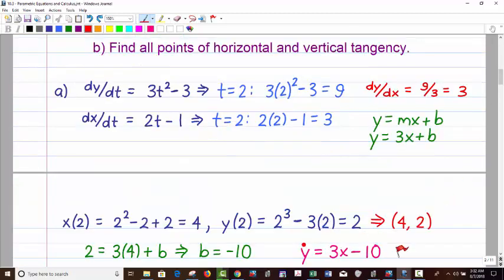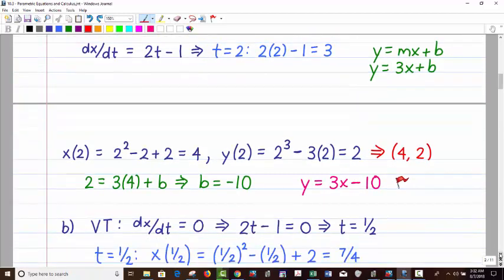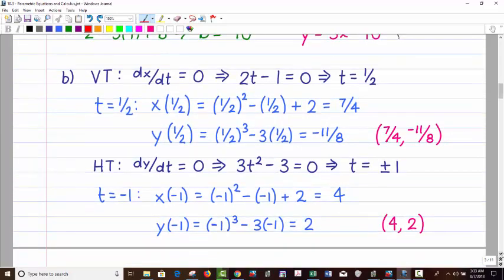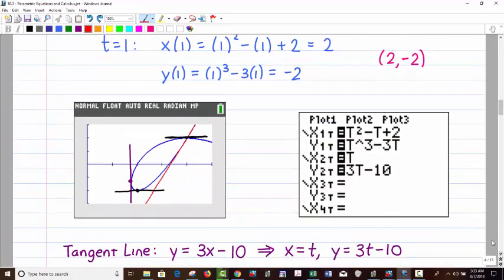Converted to parametric, I just said let x equals t, and then y would just be 3t minus 10. So that was the second pair of equations, because I wanted to actually graph it instead of hand drawing it. The blue represents that, a little fishy looking graph, looks like a little fish or something.